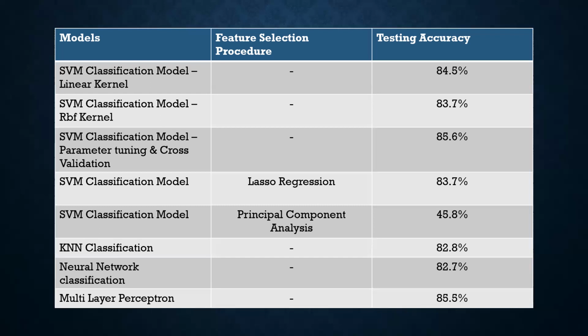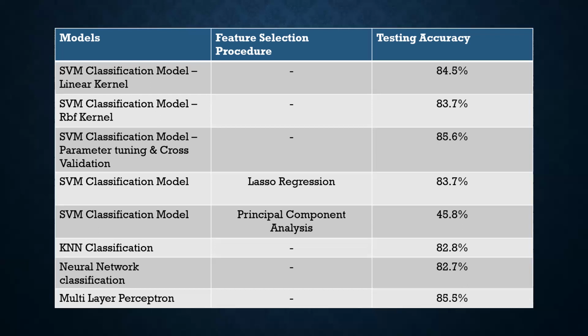Finally, the SVM classification model using PCA, or principal component analysis. We have used another feature selection method, principal component analysis, to check if the accuracy of the model can be improved. Since the data has a large number of features, using PCA will help us to reduce the dimensionality of the data and simultaneously preserve the important information.